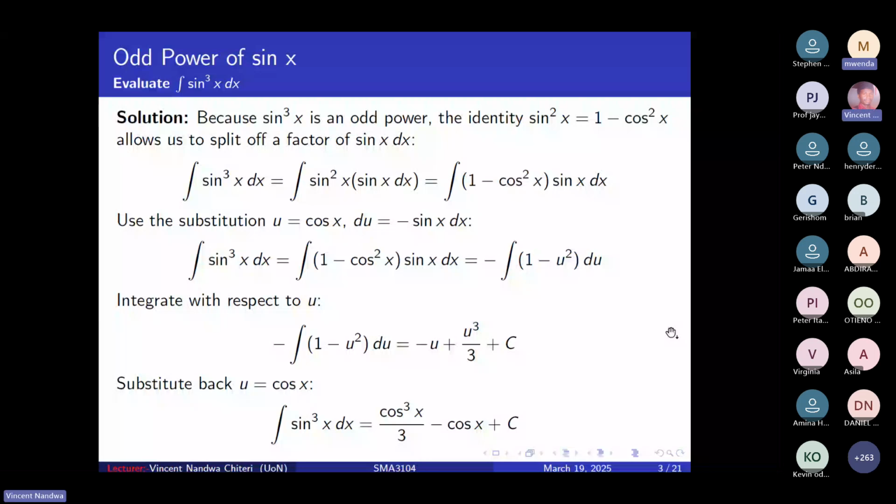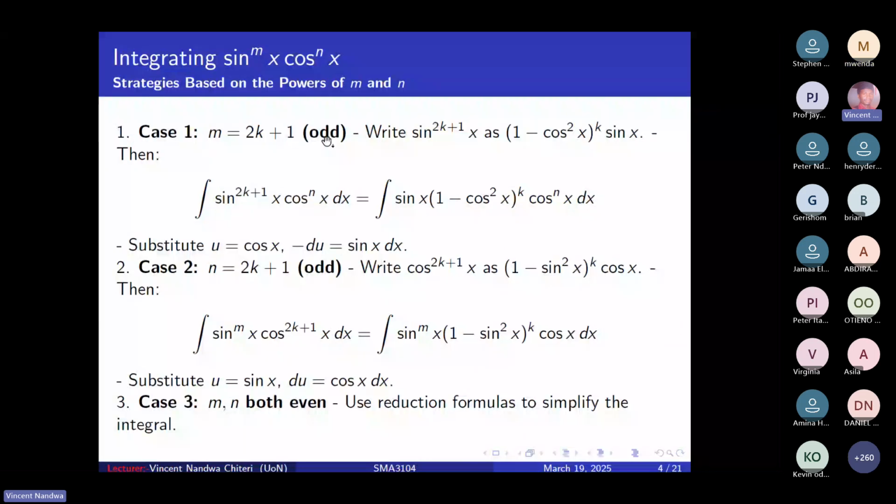The first case is when the power of sine is an odd number. When you find the power of sine is an odd number, what you do is split that sine as a product of two functions, where one part will be sine x and the other part will be sine power the original odd number minus 1.